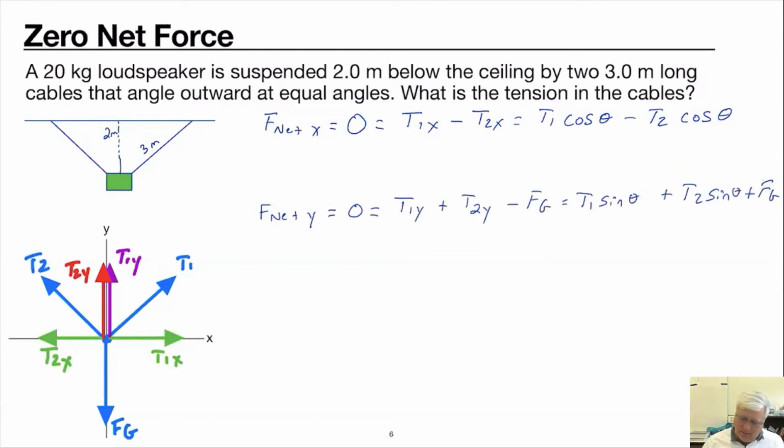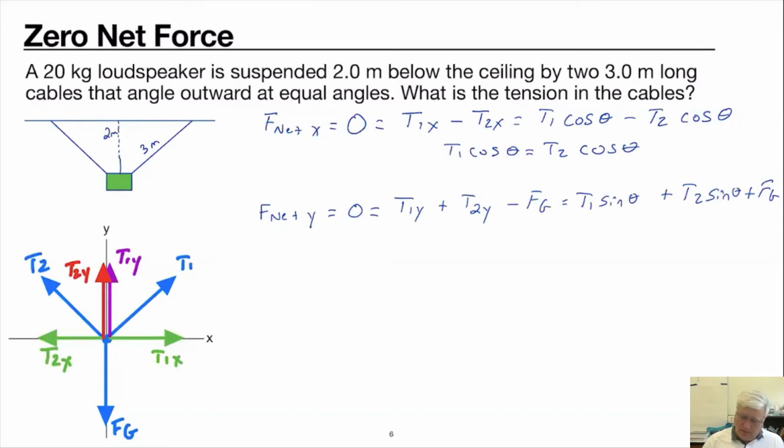For the x, these two here are equal to 0, right? So to simplify that more, we could say that T1 cosine theta equals T2 cosine theta.